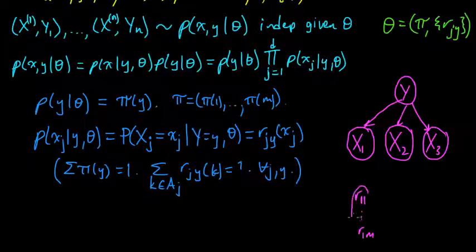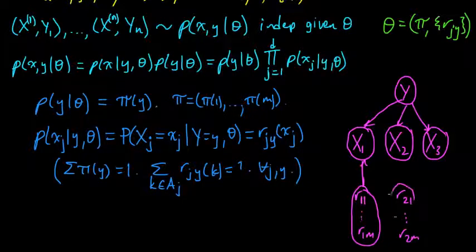So we'll just put all those together. Which one it uses is going to depend on what y is. And here we have r_2,1 to r_2,m. Each of these is a different distribution, and r_3,1 to r_3,m.